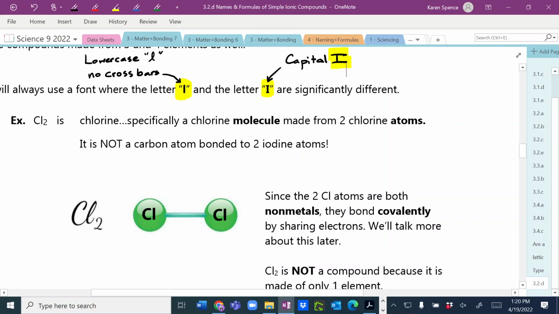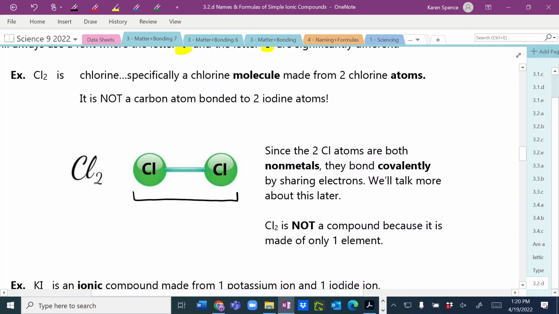What kind of a particle is this? It's made of 2 chlorine atoms bonded together. It is a molecule.